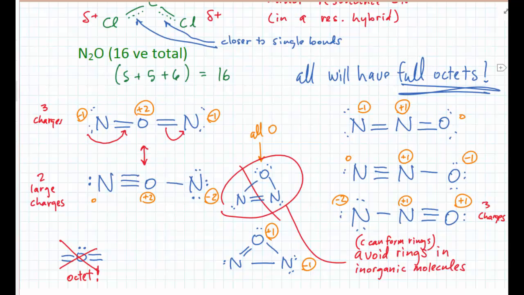So which one here do you think is our major? Going to need a new color here. The double bonded one, that has the minus on an N. This one has the minus on an O. That's what we're looking at. So what do you think? Yep. The better structure has the minus on the more electronegative atom.